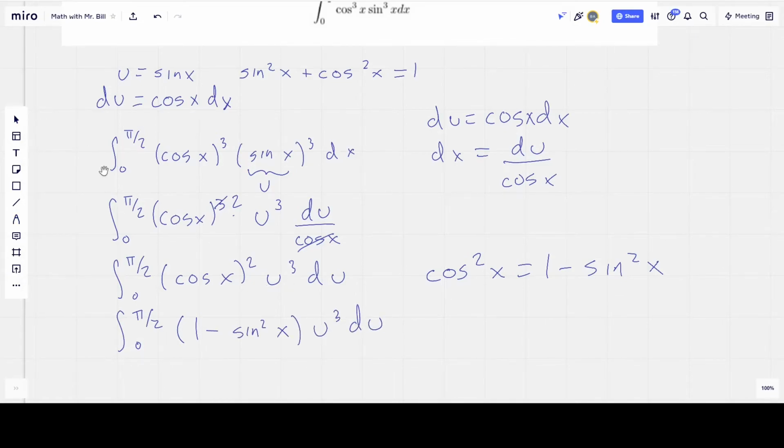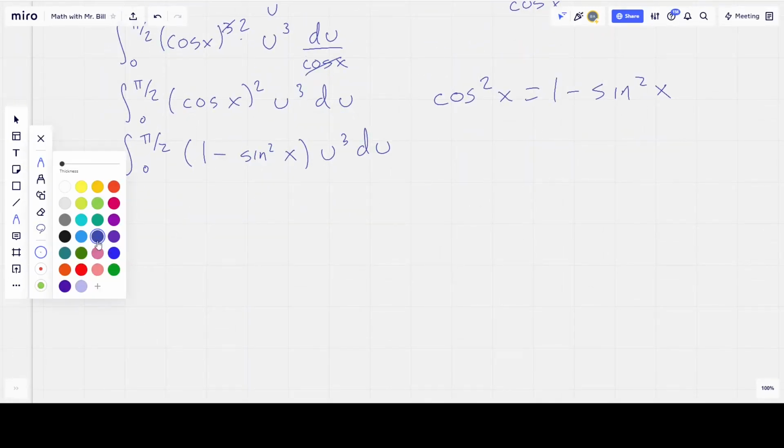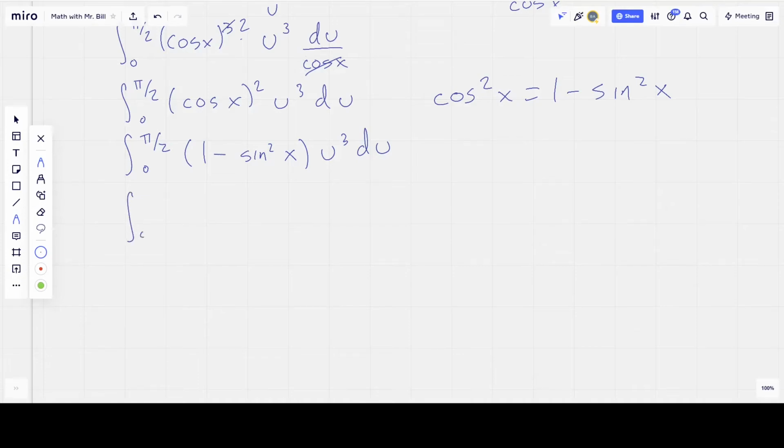And now I can replace sine squared with u squared. So we're going to go from 0 to pi over 2 of 1 minus u squared times u cubed. Now I can go ahead and distribute that u cubed.